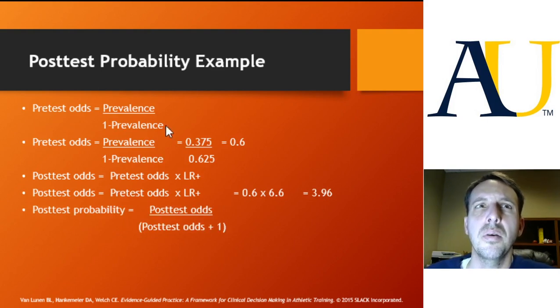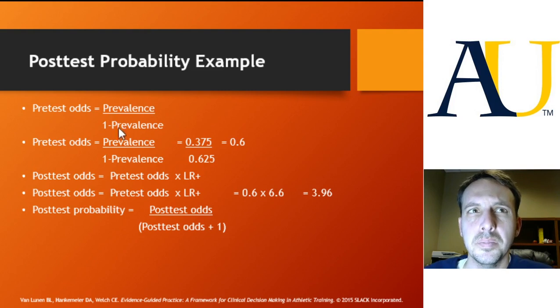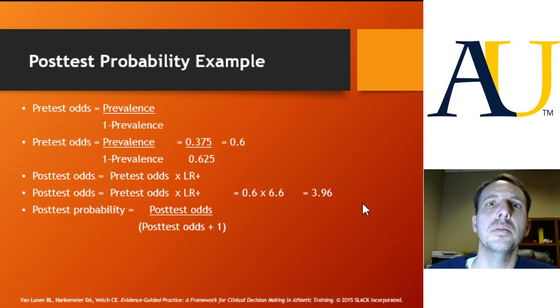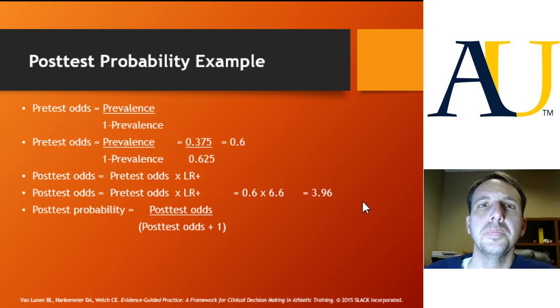So if we go through and look at our prevalence and create our pretest odds as a numerical value, we then can multiply that by our positive predictive value in the case they have a positive test, and that will then give us our new post-test probability.